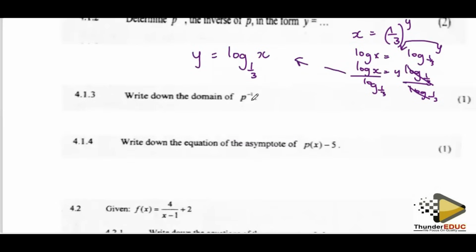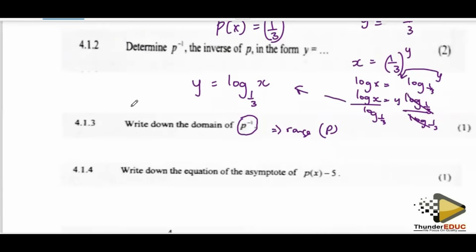Then they want us to write down the domain of the inverse. One thing we need to know is that the domain of the inverse will be the range of the original, since we are switching them around. So originally, our range was y must be greater than 0.